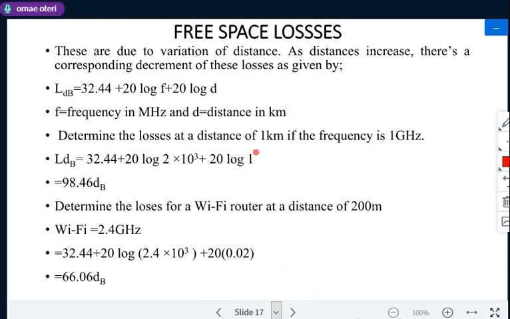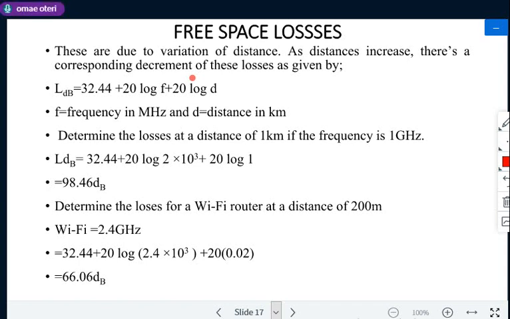So the last section will be on free space losses, which are equivalent to what we talked about up there as attenuation. But this one, I want you to look at differently, because it affects quite a lot when it comes to the use of microwave systems and wireless systems. This is usually a very important concept. It's the one which enables us to put repeaters in some specific locations.